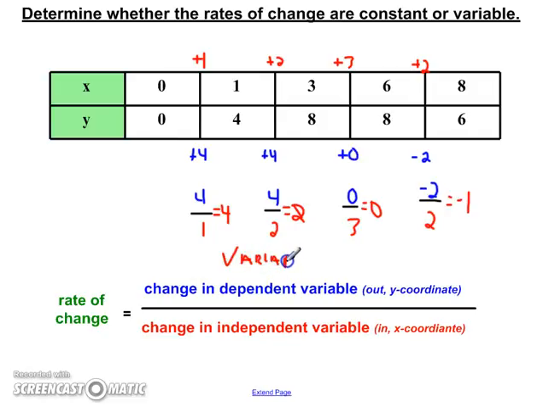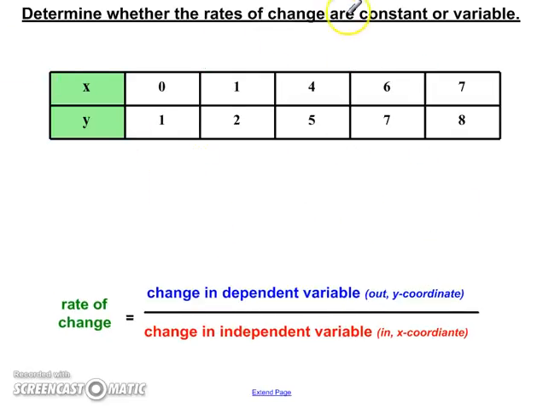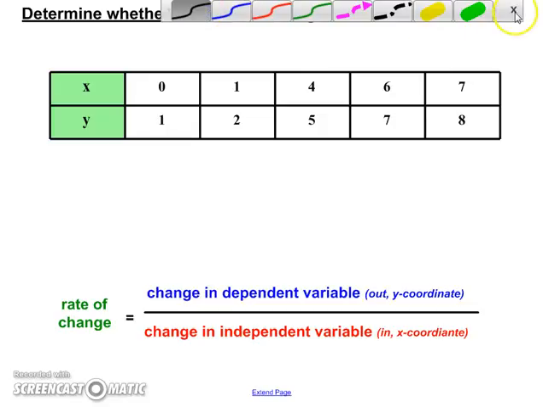It changes; that's the idea of a variable. This would be a non-linear situation. If I were to graph this, I would not get a straight line. Let's do an example that is a straight line if I were to graph it.